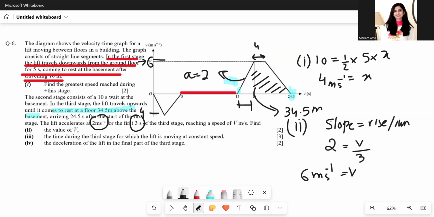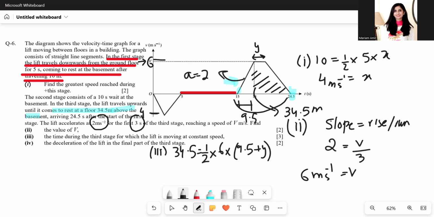Let's call it y. Okay, so again, I'm going to use the formula for area of a trapezium. The area of the trapezium is 34.5, and the formula is half times height of this trapezium is 6, times sum of parallel sides. This side is 9.5, and the other side is y.